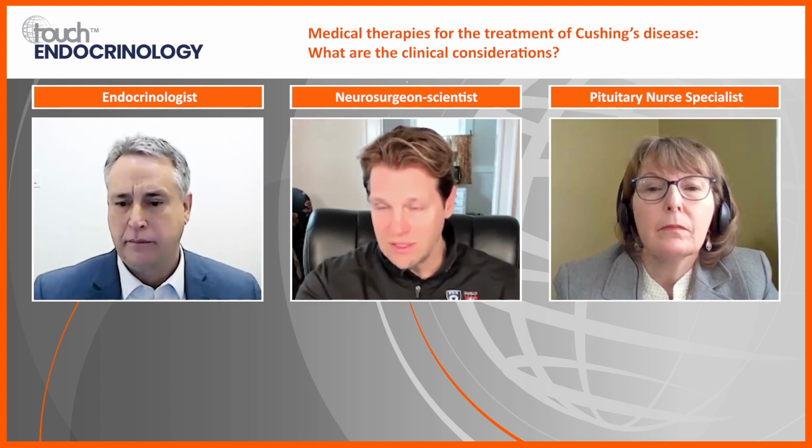Visualization is absolutely essential. In the 1950s, the introduction of the microscope, where the magnification occurs outside the patient's body, with a lens outside the patient and you're shining a light through the nostril, was a step forward. And then in the 1990s, the endoscope was introduced, where cameras are mounted at the end of an instrument that's inserted through the nostril to the region that we're operating. And it just made an incredible amount of difference for seeing what we're doing and maximizing the likelihood of resecting the tumor.